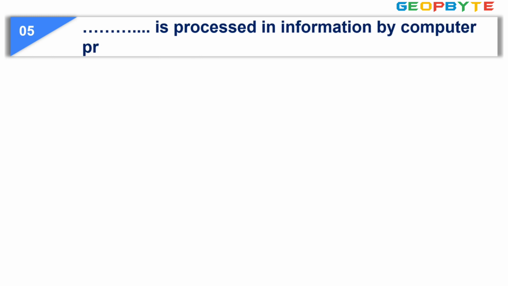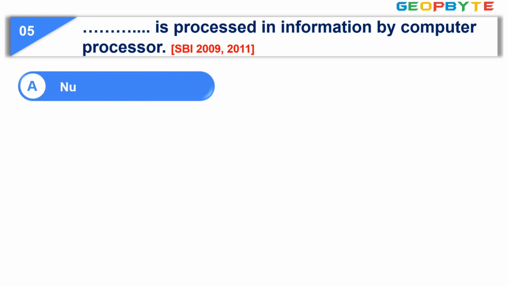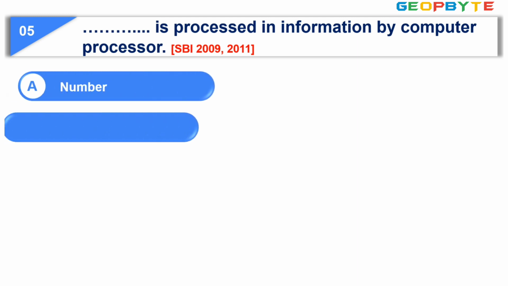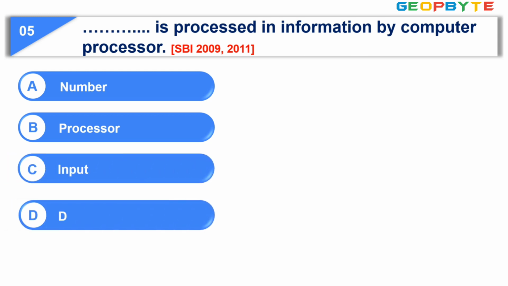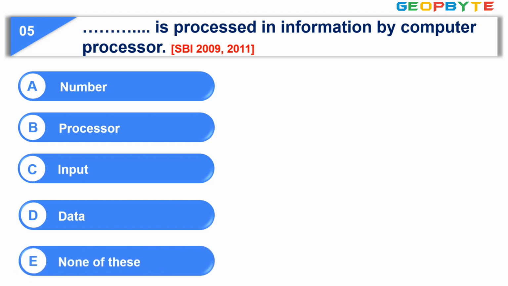Next, moving to question number 5. Dash is processed in information by computer processor. Option A, number. Option B, processor. Option C, input. Option D, data. Option E, none of these.